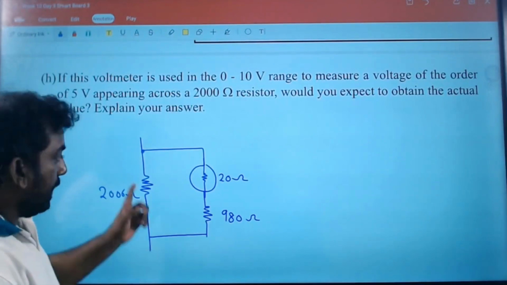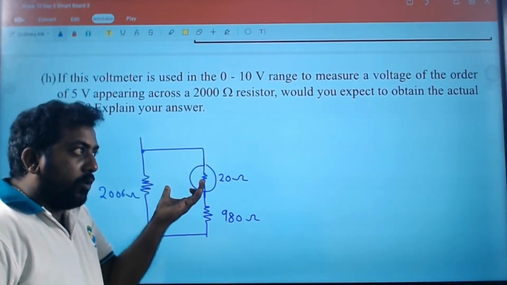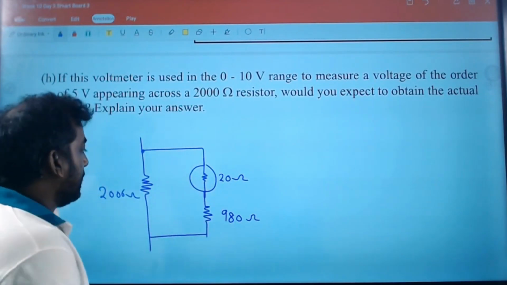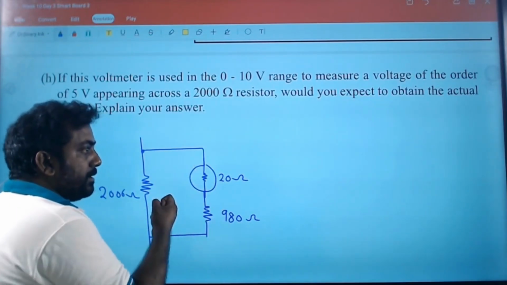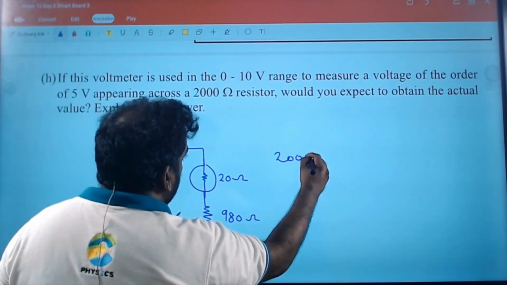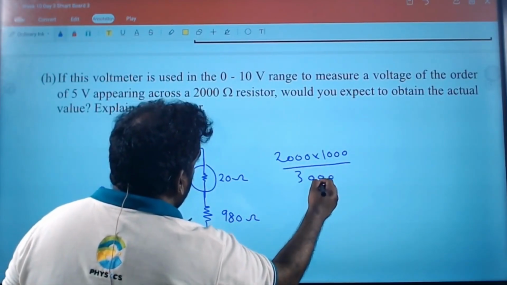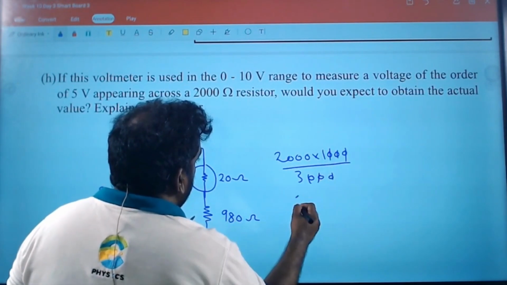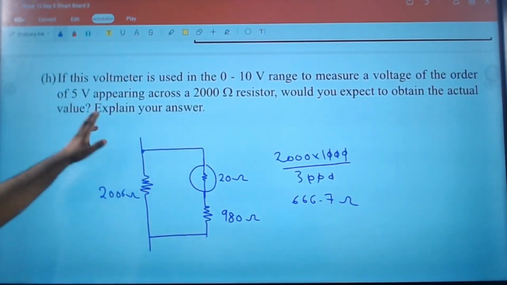Answer is no. Current will go through the voltmeter as well. And you are measuring the voltage across the effective resistance. Not 2000, not 1000. 2000 and 1000 in parallel: 2000 multiplied by 1000 divided by the addition, 3000. That's about 666.7. You are right to answer that.